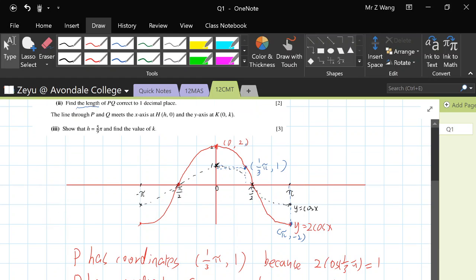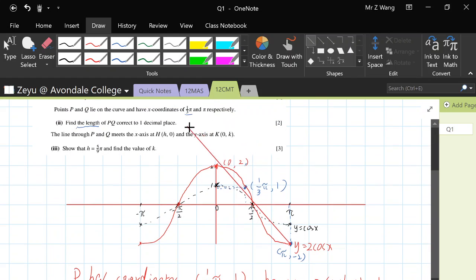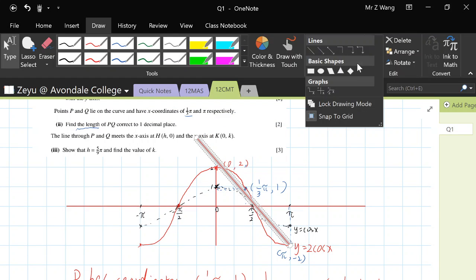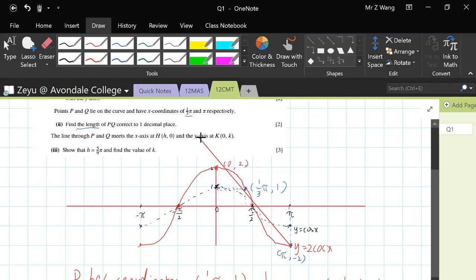The line through P and Q meets the x-axis at H and the y-axis at K. Show that H equals 5/9 pi. Here you must be able to plot the line. So it passes through here.